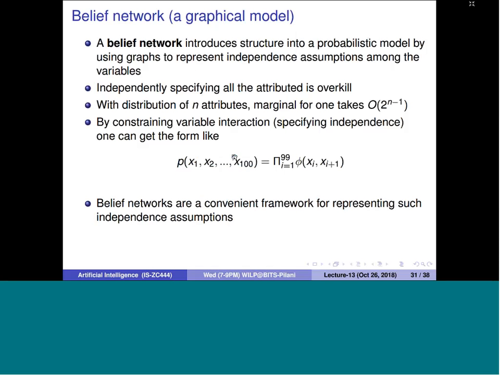So it should be noted that if we know the dependence between the variables, then it would be easy to find this probability.